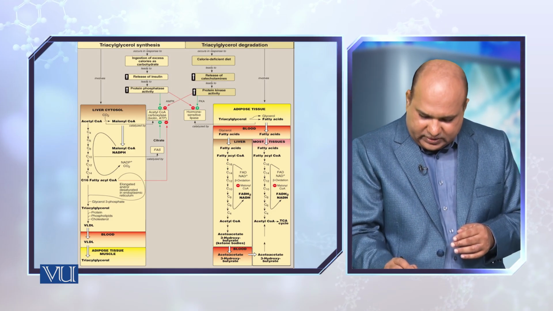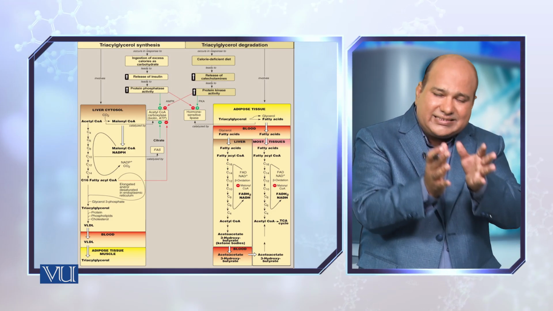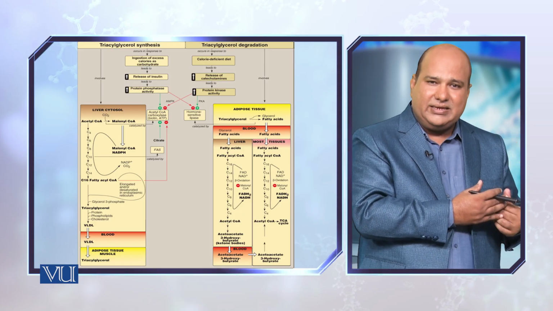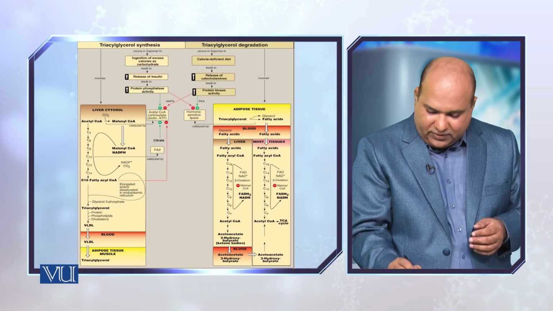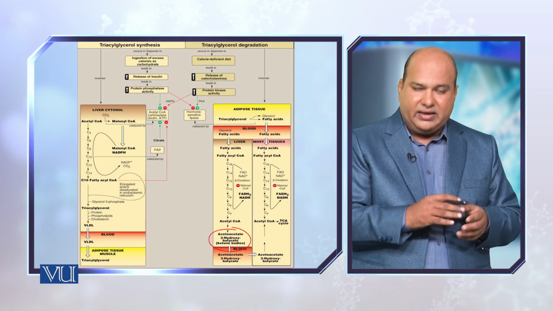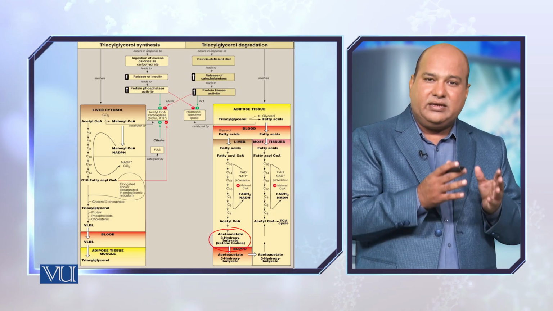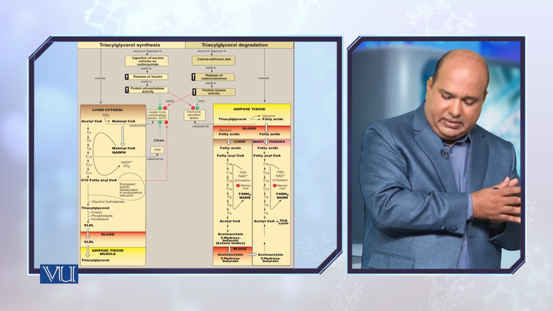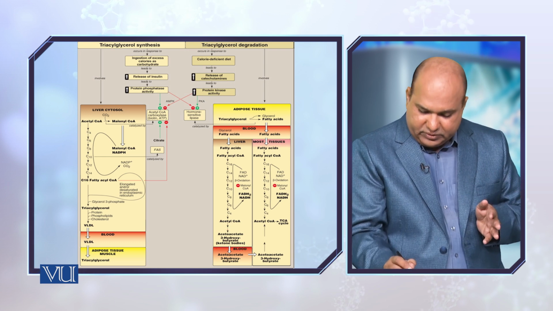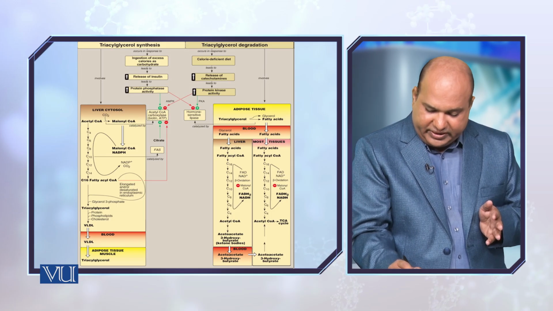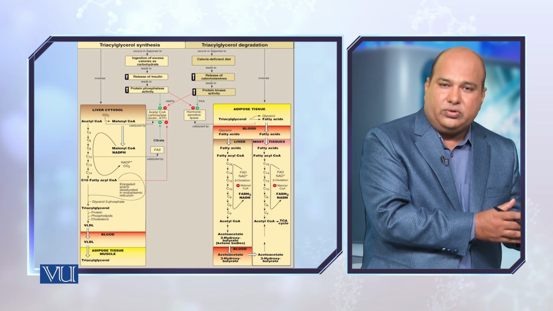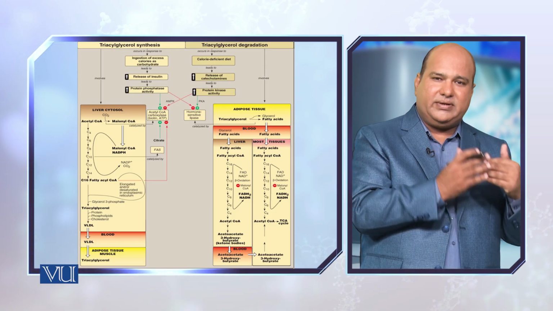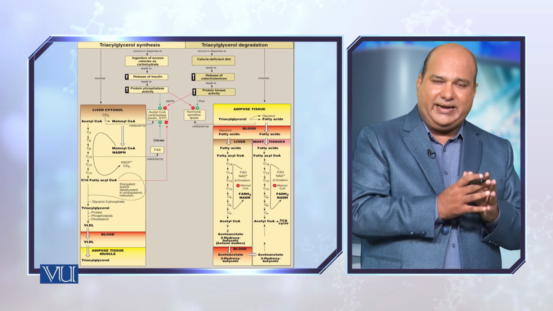But if there is excessive formation of acetyl CoA because of excessive degradation of fatty acids, it leads to the formation of ketone bodies like acetoacetate, hydroxybutyrate, and the ketone in the form of acetone, and remember that acetone is a metabolic dead end.